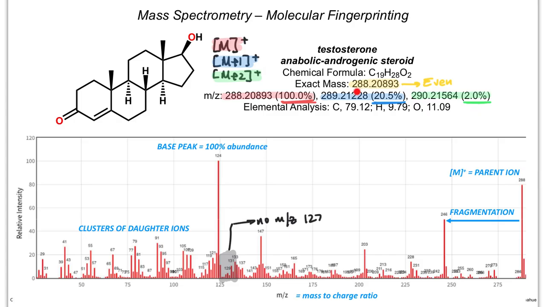The parent ion itself, as I've highlighted in yellow, is an even number. So that's saying no odd number of nitrogens can be present. So in one sense, we can rule out nitrogen, but in another, we can't, because if there was an even number of nitrogens, then the mass could still be even.